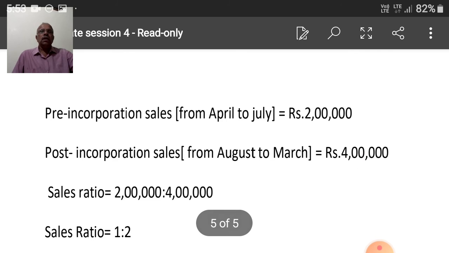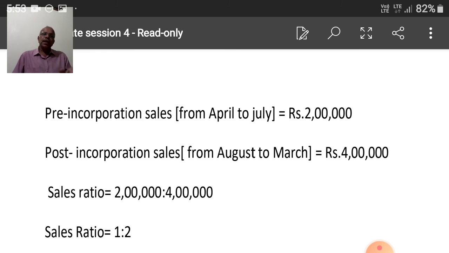The total sales from August to March is 4 lakh.